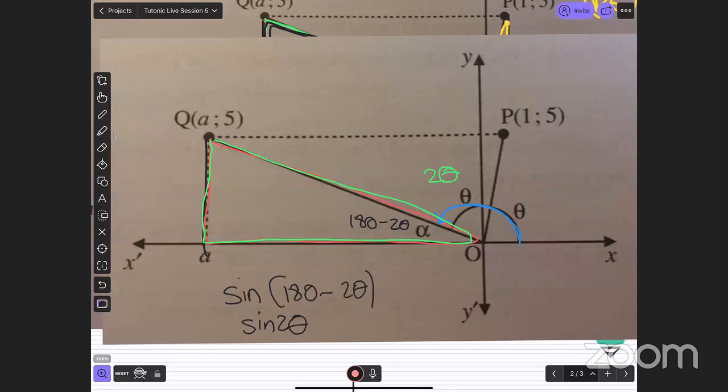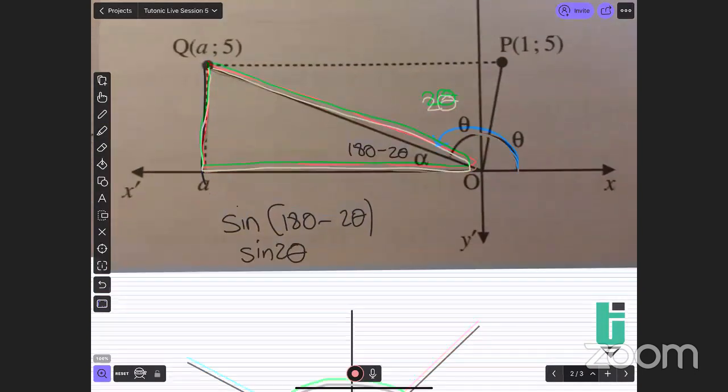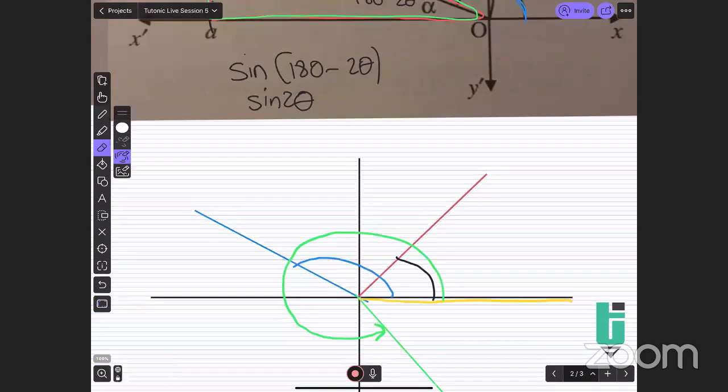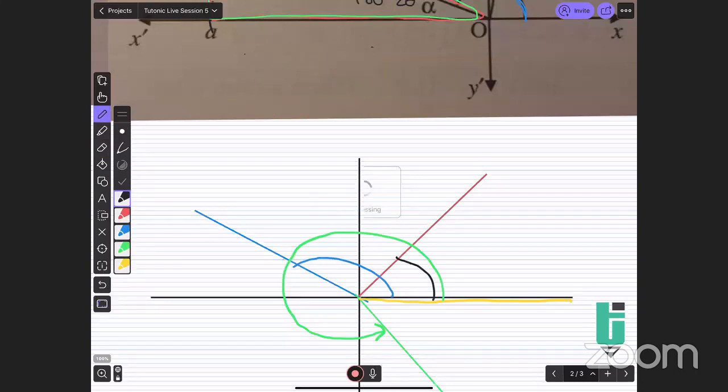Oh, okay. So that's what I was trying to explain earlier. That makes more sense. But it's not always going to be the same, right? So if you do the reflex angle, maybe if we said sine of 180 plus 2 theta, what is it going to be?